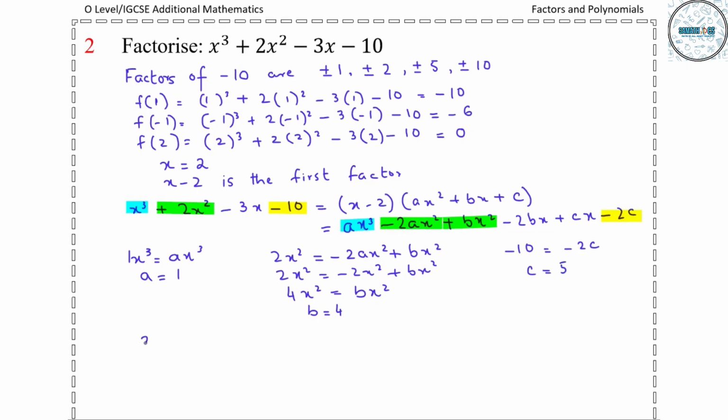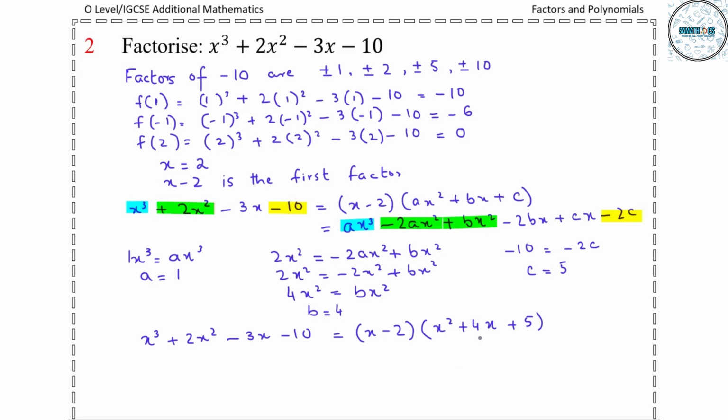We can write x cube plus 2x square minus 3x minus 10 is equal to x minus 2 into ax square. The value of a is 1, so x square, plus bx, value of b is 4, so plus 4x, plus c, value of c is 5, so plus 5.